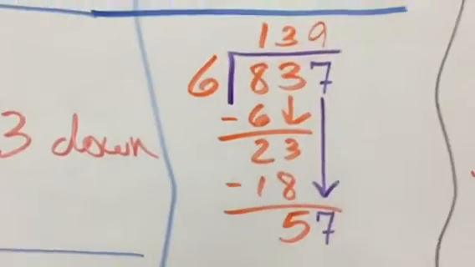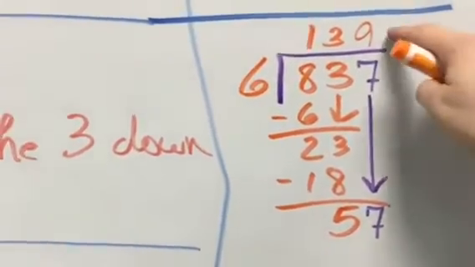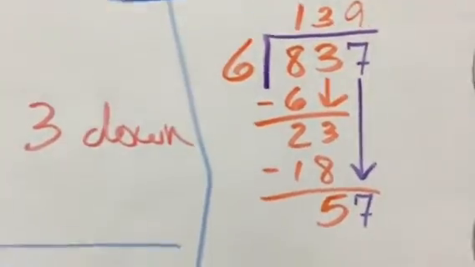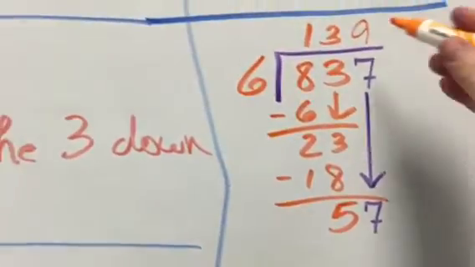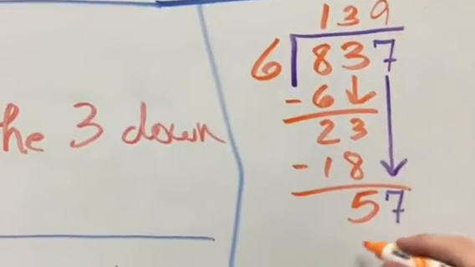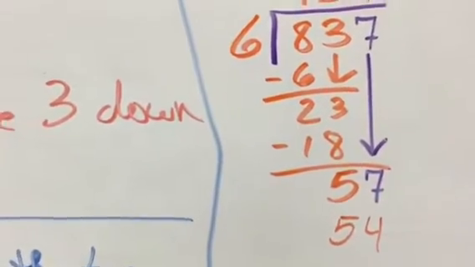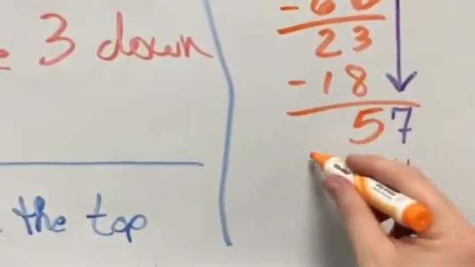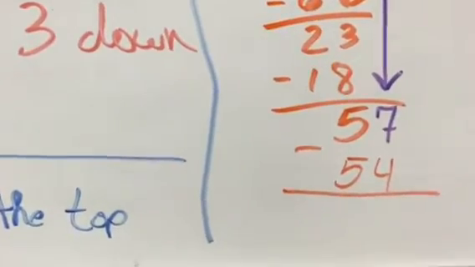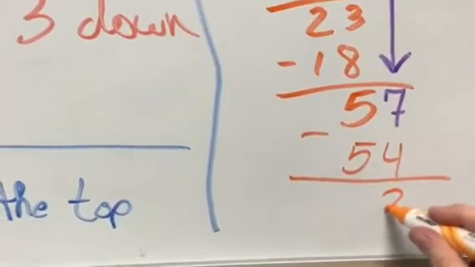So I'm going to put a 9 up there, because every time we do division, my answers go up here. And then we go multiplication. 9 times 6 is 54. After multiplication comes subtraction. 57 minus 54 is 3.